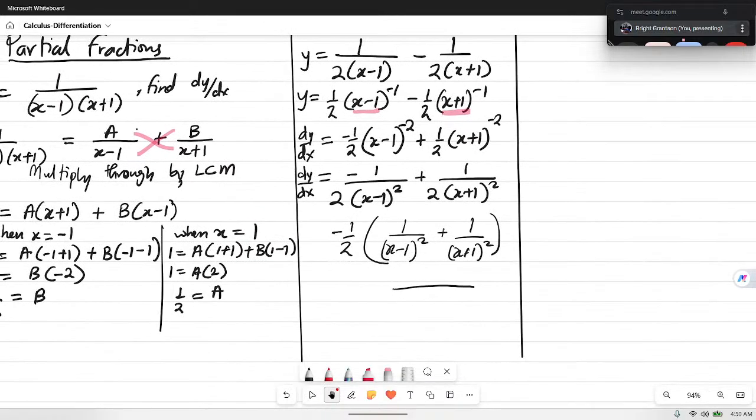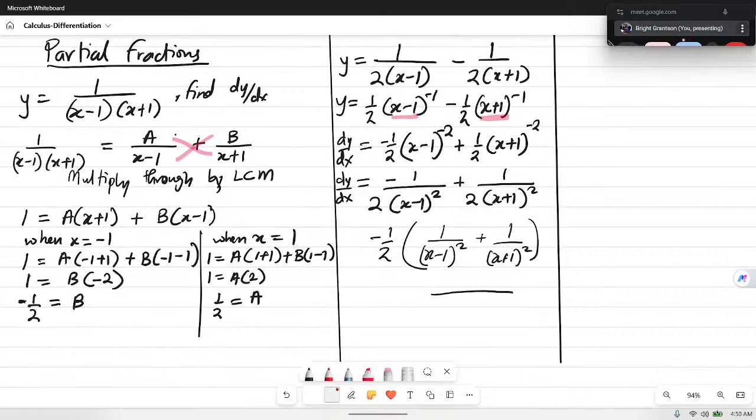The down part we have it correct, the x plus 1 squared, x minus 1 squared. But they multiply, becoming a product.